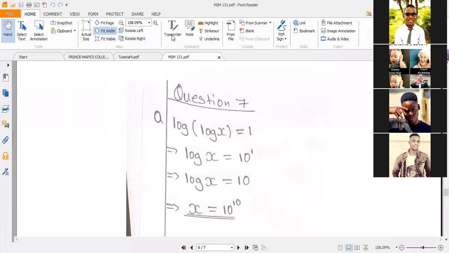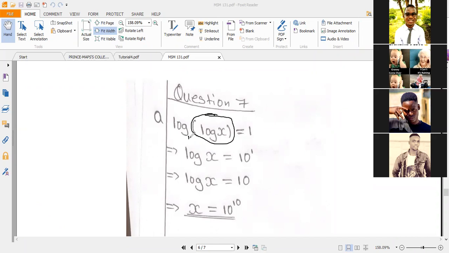So if you check this, consider this log x as one thing, because of the log that is there and the 1. This is to the base 10. So you maintain what was your base, and then you make the 1 the power. This log x is your argument.